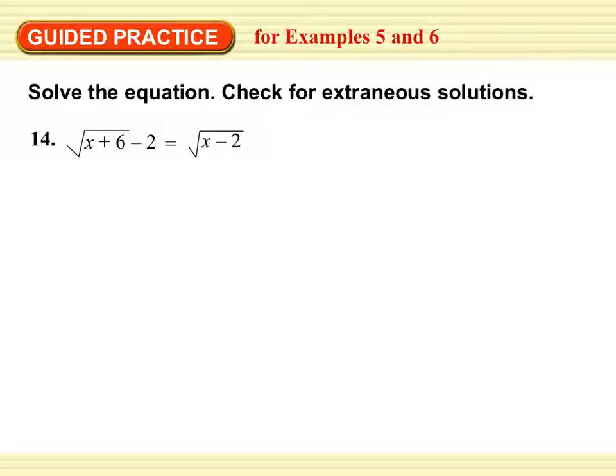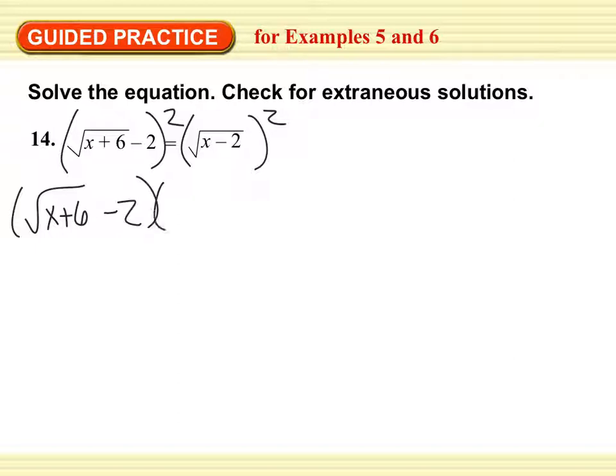Oh man, our last one is the worst. I'm going to have to square twice. We can do it. It's our last example. Okay, on the left, I have x plus 6 equals, on the right, x minus 2.